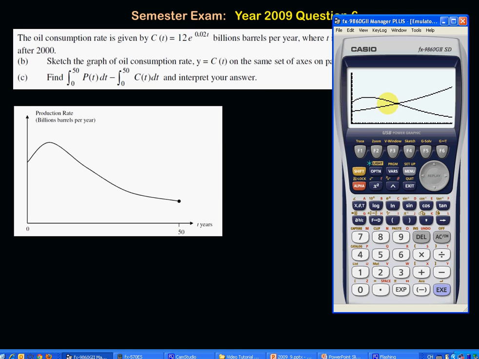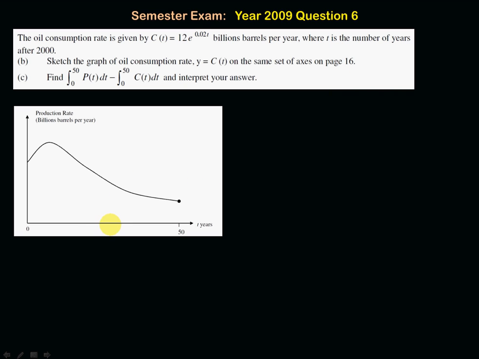That's actually a meeting point, an intersection point. We can find this first. When time is roughly 24 years plus, somewhere roughly around 25. So this is the point where they meet, and the graph goes something like this.